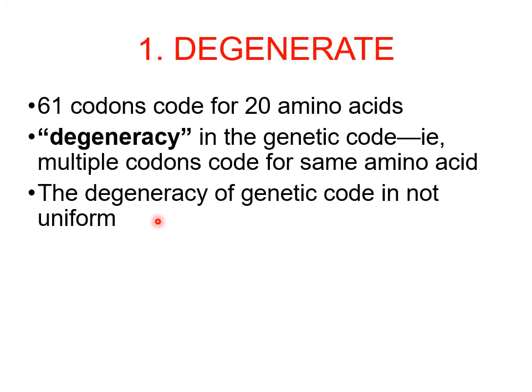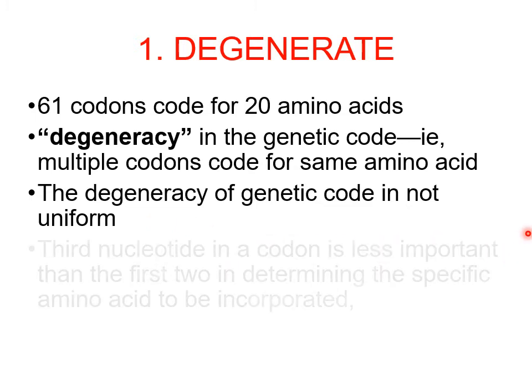For example, leucine, serine and arginine have 6 codons. There may be some amino acid like glycine which has 4, and there are certain amino acids which may have 2 or 3. And there are certain amino acids which have only one codon. For example, tryptophan and methionine have only one codon. That means the 20 standard amino acids may have anywhere from 1 to 6 codons.